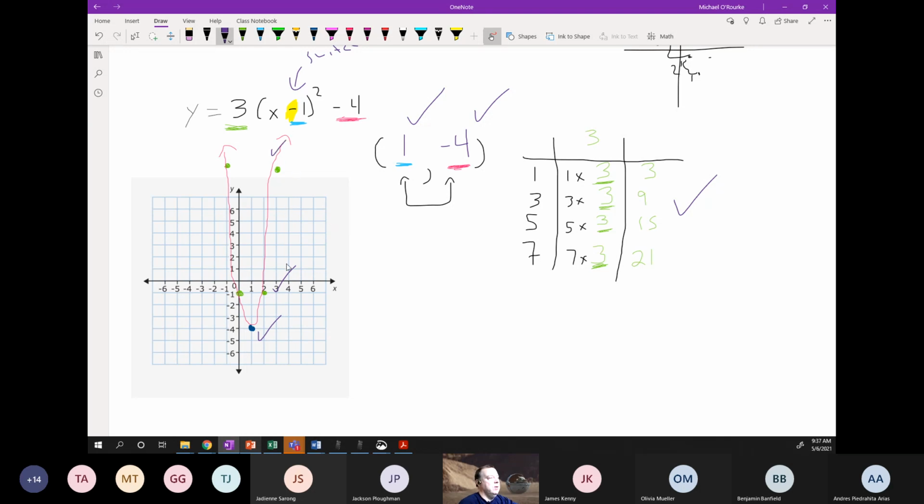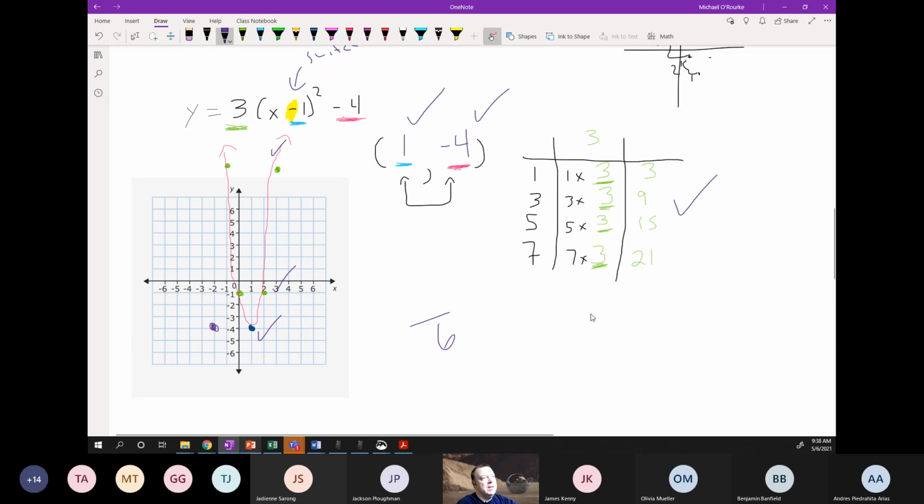Okay, 1, 2, 3, 4, 5, 6. So out of 6, now if you happen to get your vertex wrong, but you're able from the wrong vertex to do everything else right, you just lose those 2 marks.